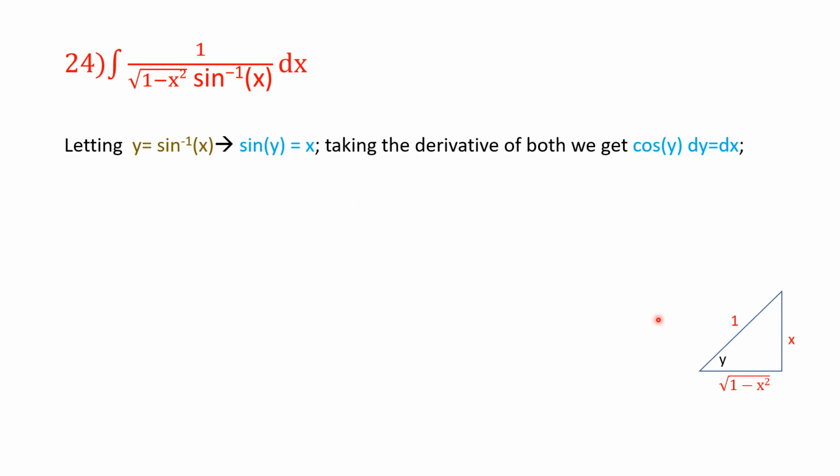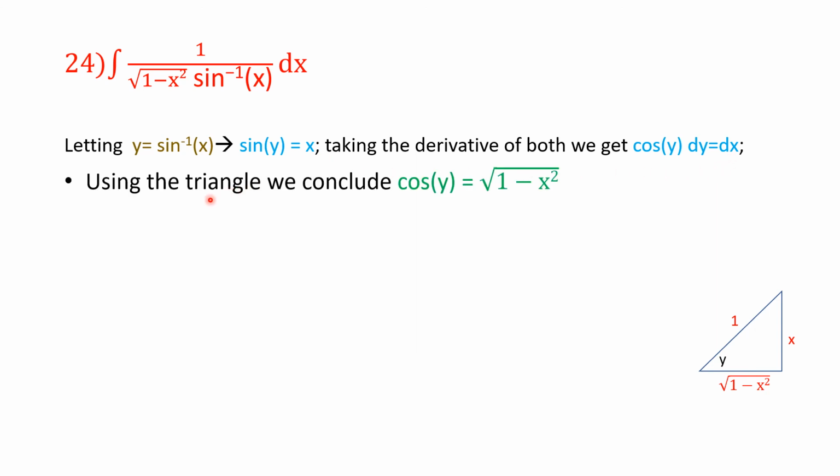And sure enough, this angle y, its sine is opposite divided by the hypotenuse, which will give us sine y equal to x, which is this in blue right here. Taking the derivative of both sides, derivative of sine y will give us cosine y dy, and derivative of x is just dx.